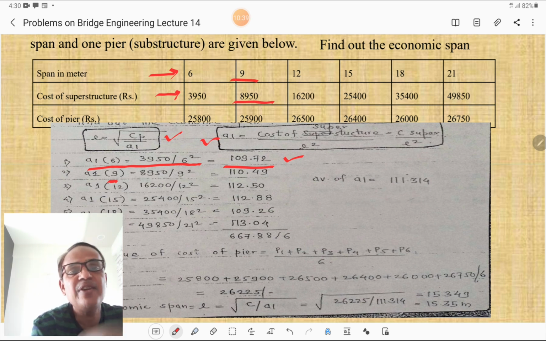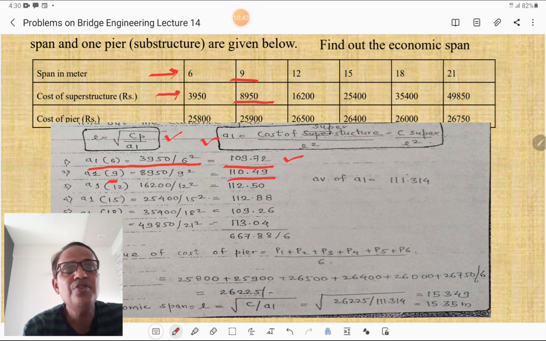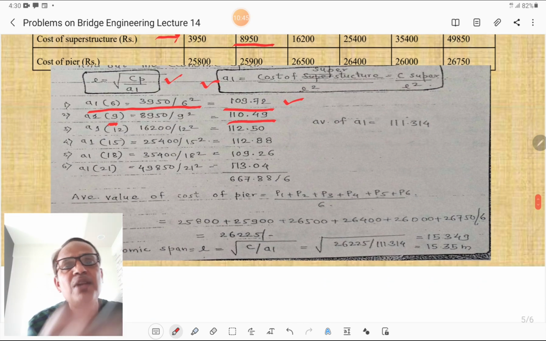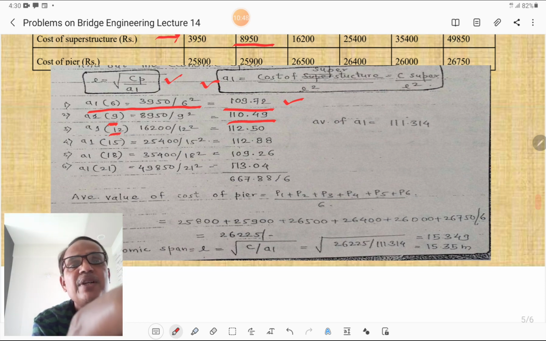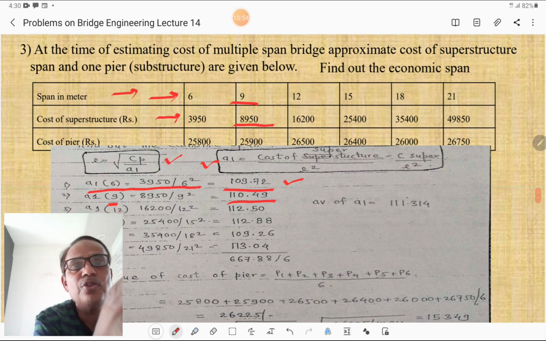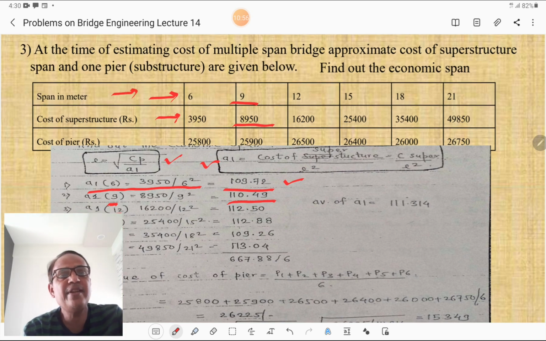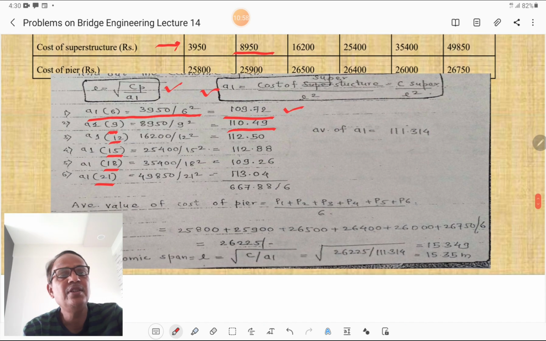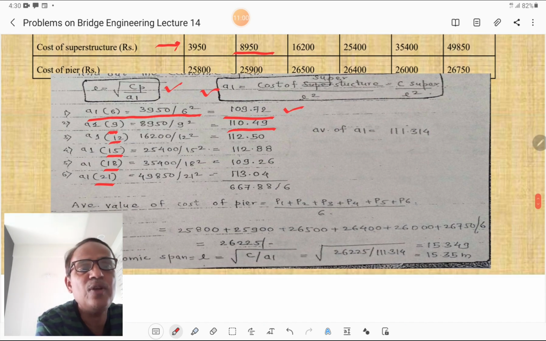So 8950 divided by 9 square, that is 110.49. Similarly, for the 12 meter span, 15 meter span, 18 meter span and 21 meter span, these spans are given here. So for each span we calculate the value of A1.